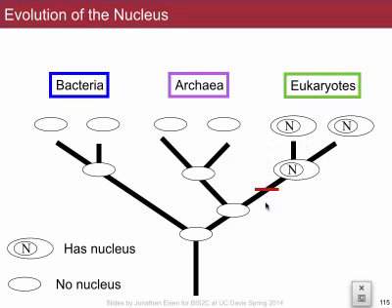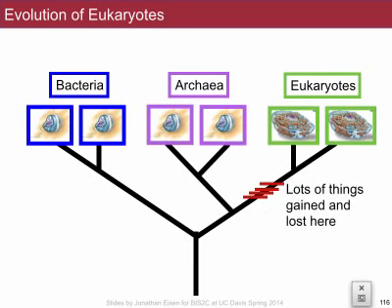That's the most parsimonious explanation, at least, given this rooted tree. And it turns out there are dozens to hundreds of other major features that are shared by eukaryotes and different or absent from bacteria and archaea. And clearly, something major happened on the branch leading up to the common ancestor of eukaryotes.